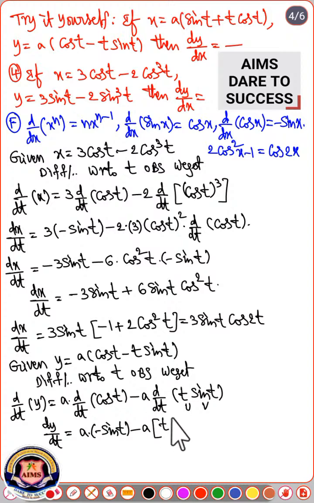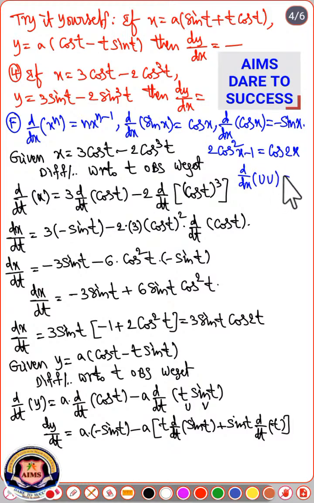So t comes outside into d by dt of sin t, after that plus sin t comes outside into d by dt of t. Here the derivative of uv also came, so I am writing d by dx of uv is equal to u into derivative of v plus v into derivative of u.